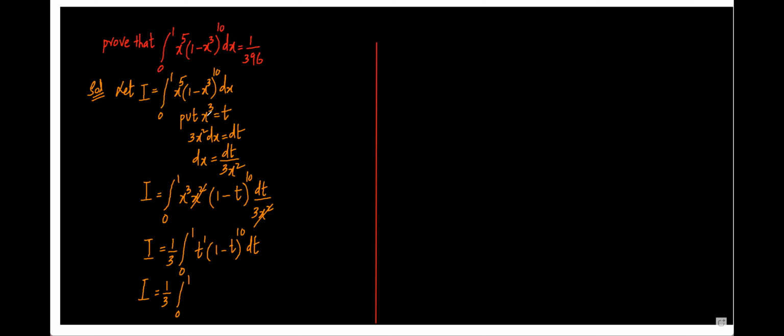If you put the upper limit x equal to 1, 1 power 3 is equal to 1 only, so t is 1. It means that there is no change in limit. We should write here, no change in limit.